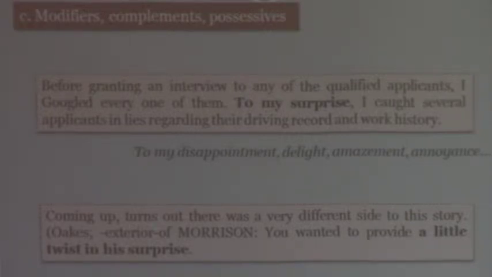The analysis of less canonical expressions, however, is more difficult. "Twist", in the second example, suggests an event, but the possessive, "his surprise", suggests a state.